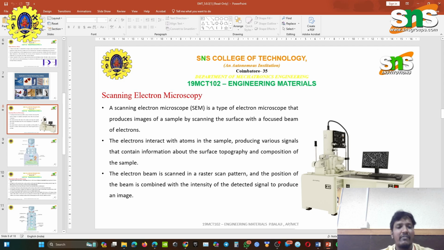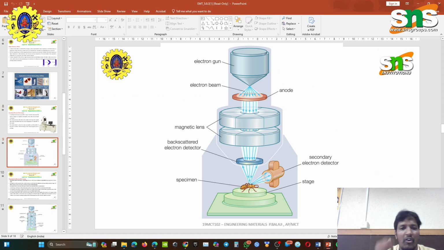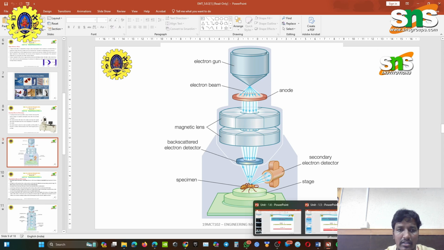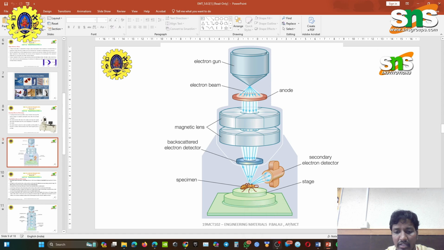We also have the anode part, the electron gun, two kinds of detectors, an electron detector, and then a base stage. So that is about the SEM, and the remaining topics we can see in our next video.